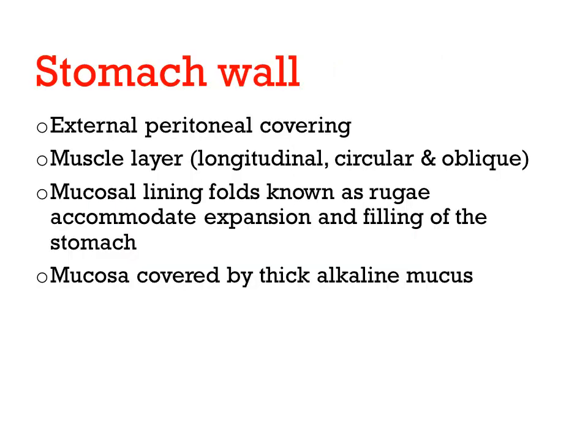The stomach wall. External peritoneal covering of the stomach, and then the stomach has a muscular layer, longitudinal, circular, and oblique, and inside it is lined by mucosal lining folds known as rugae or gastric rugae, which accommodate expansion and filling of the stomach. The mucosa is covered by a thick alkaline mucus.